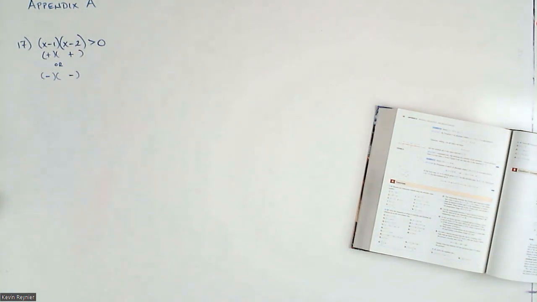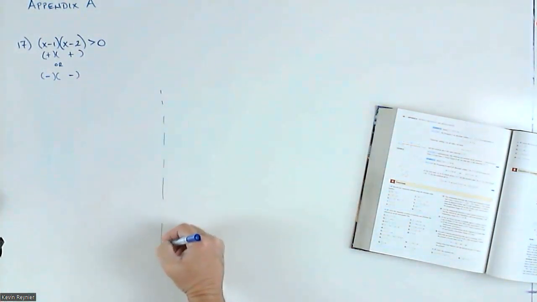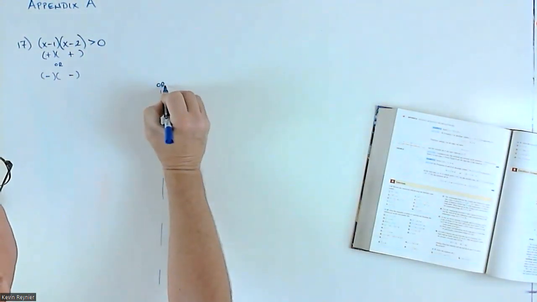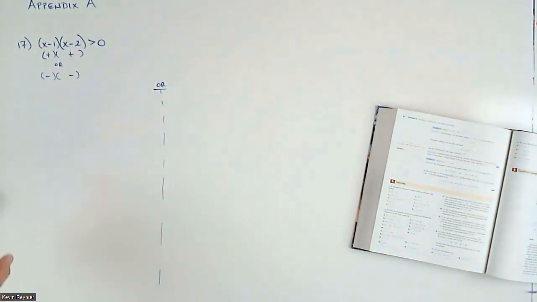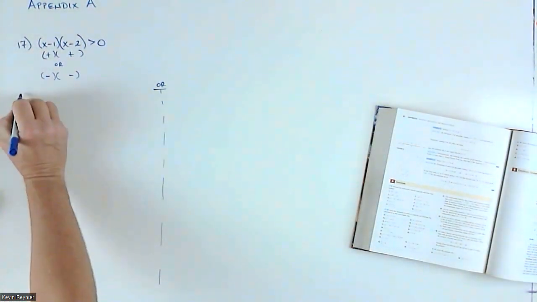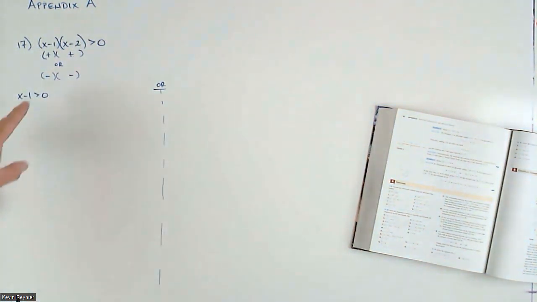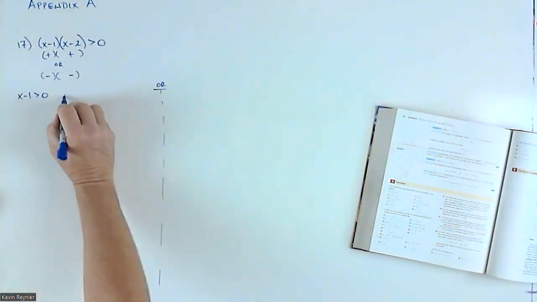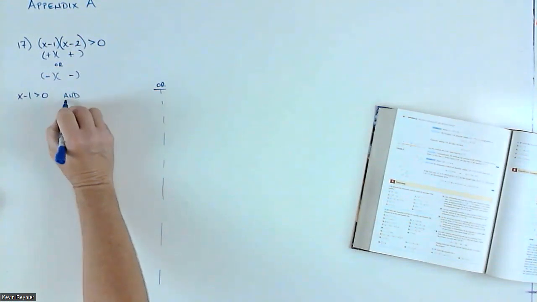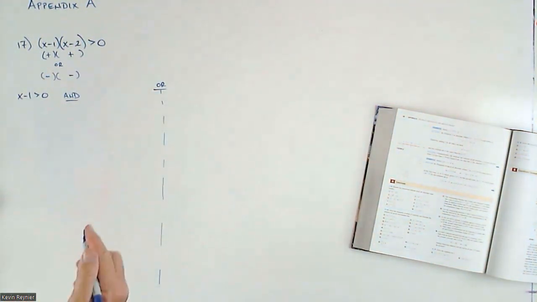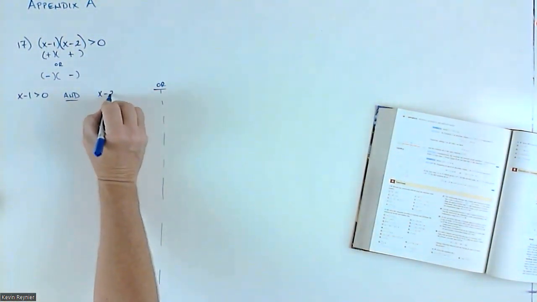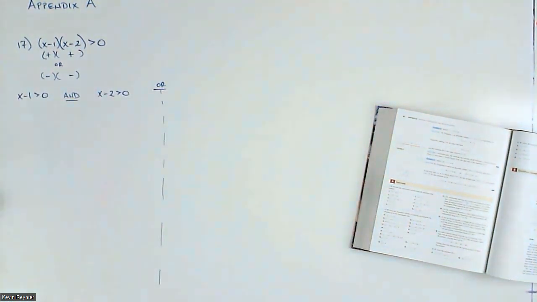So one way we could solve this, we could put our or right here, and we could say this has to be positive. x minus 1 has to be positive. And at the same time, x minus 2 has to be positive.